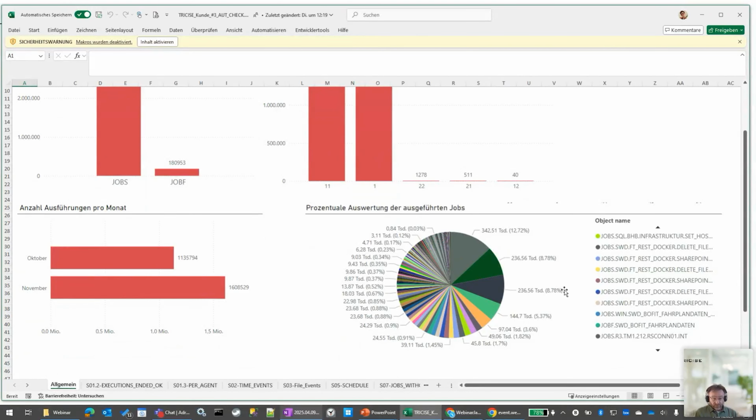This can be a starting point. If we, in addition, find out that this execution was initiated by a periodic interval with a very small number of minutes, then we can discuss this with the customer and say, well, customer, you see, these are the top 3 objects in your system.